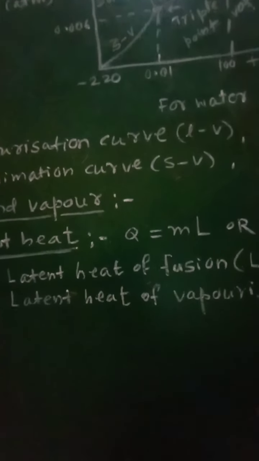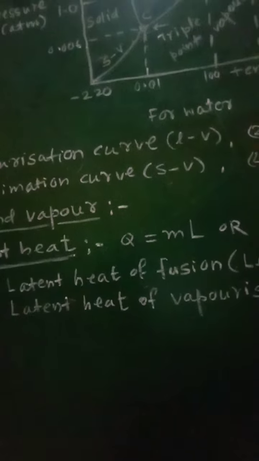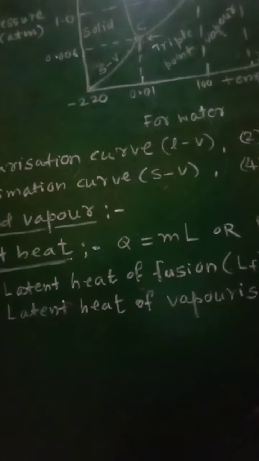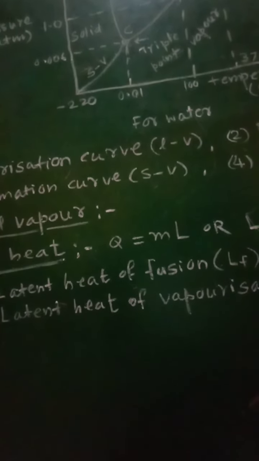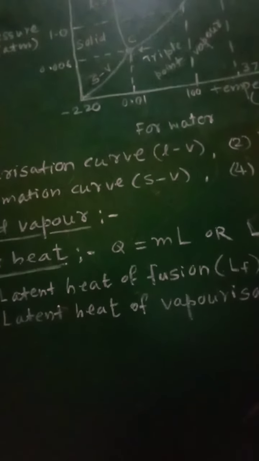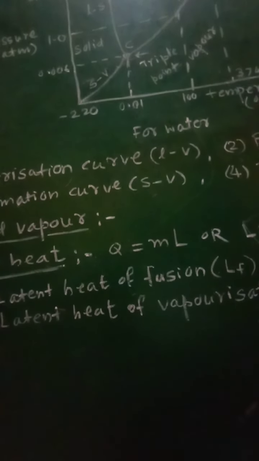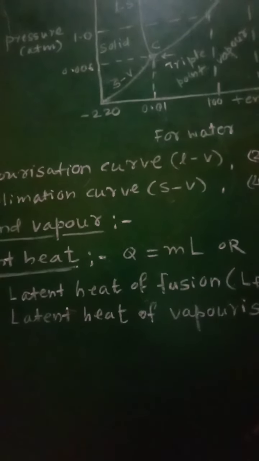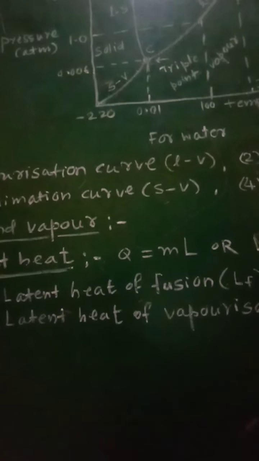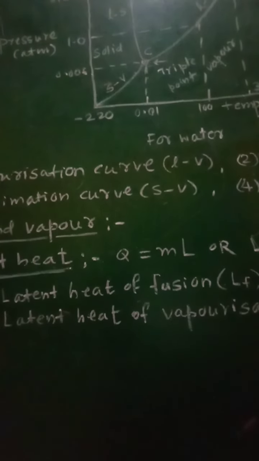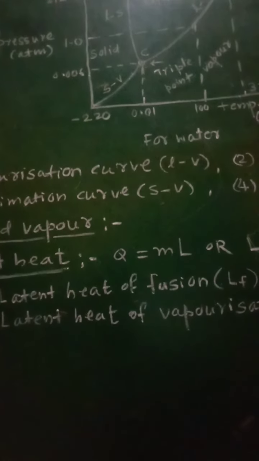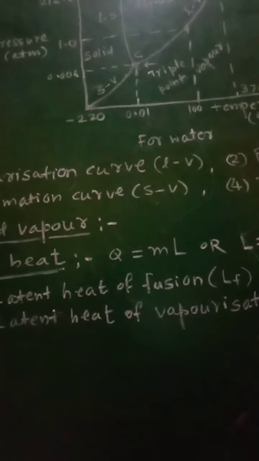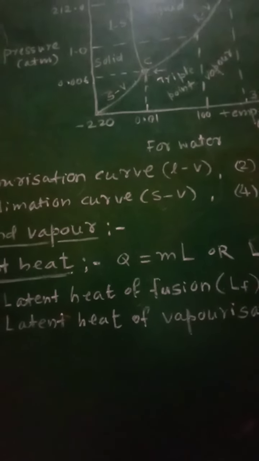The quantity of heat required to convert unit mass of a substance from its solid state to liquid state at its melting point without any change in its temperature is called its latent heat of fusion, LF.